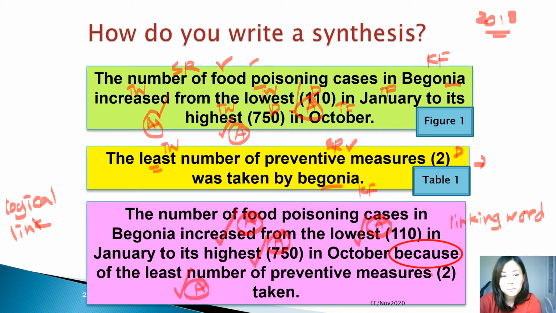So in this box, the answer is that the number of food poisoning cases in Begonia increased because there were the least number of preventative measures taken. So it is a logical link there. The link is logical. Okay, I'll show you some more examples.